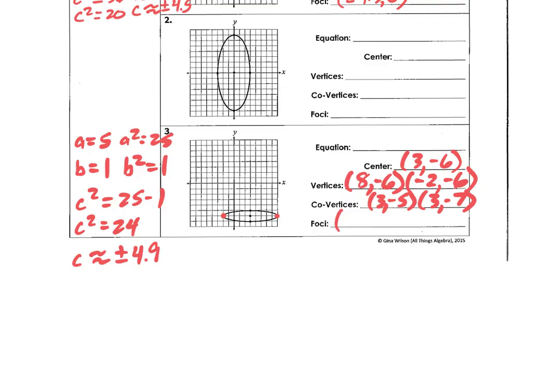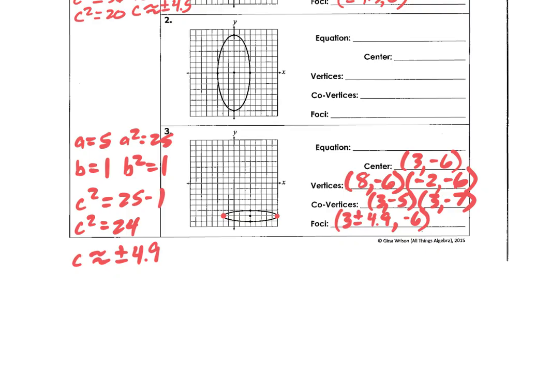And this is one of those where I'm totally okay if you write it like this. My center's at 3, -6. So if I would go 3 plus or minus 4.9, -6. If you want to write both out separately, you can, kind of like I did these ordered pairs, but I'm okay if you write it like that.